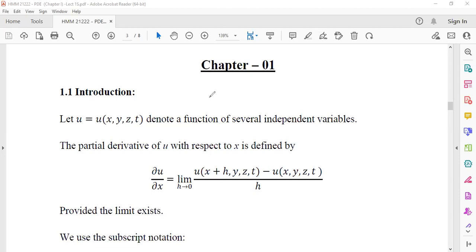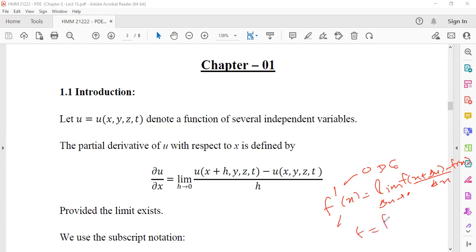Okay. So in yesterday's class, you remember in the last part I said f dash of x is equal to the limit as delta x tends to 0 of f of x plus delta x minus f of x, divided by delta x. This is talking about the ODE, because our function f is a dependent variable which depends on one variable x. So when you are taking the derivative with respect to x, they use this notation, df over dx.